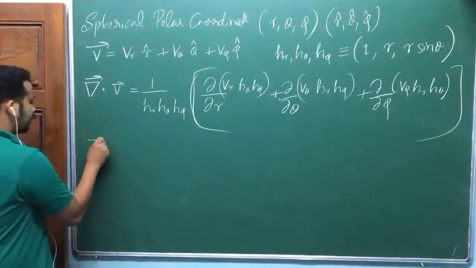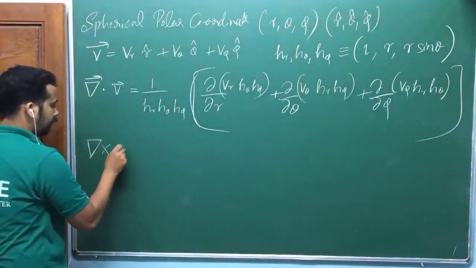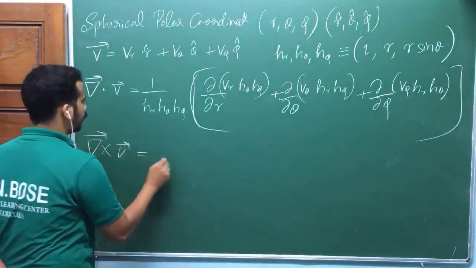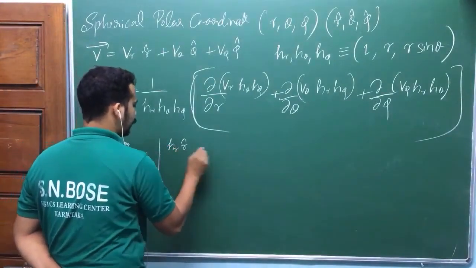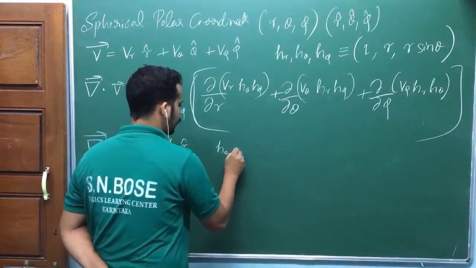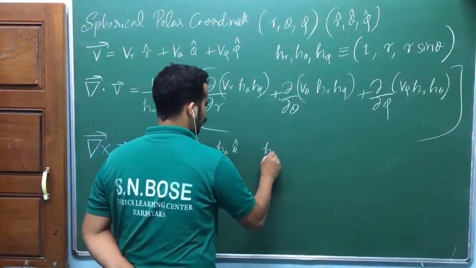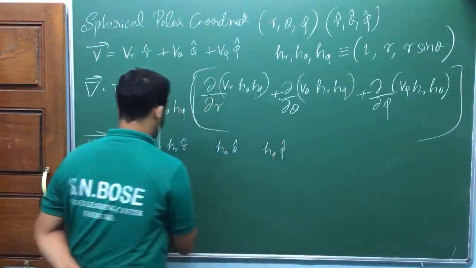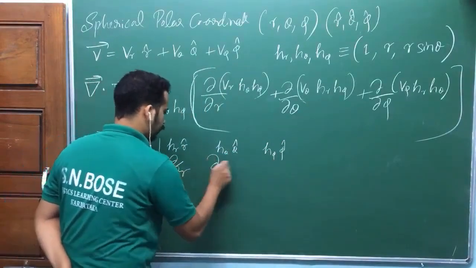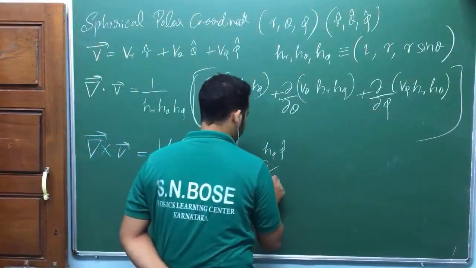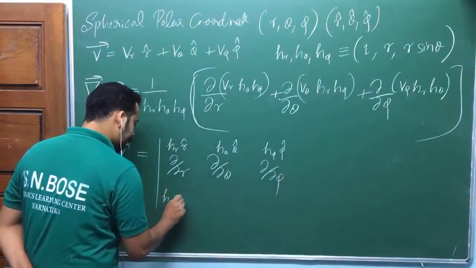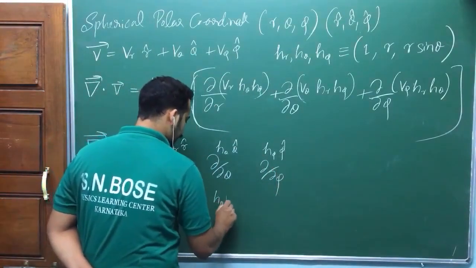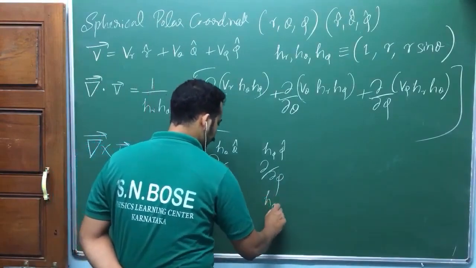Okay. So similarly, curl of a vector field. That's equal to the determinant with HR r cap, H theta theta cap, H phi phi cap, ∂/∂r, ∂/∂theta, ∂/∂phi, and again HR V r, H theta V theta, H phi V phi.